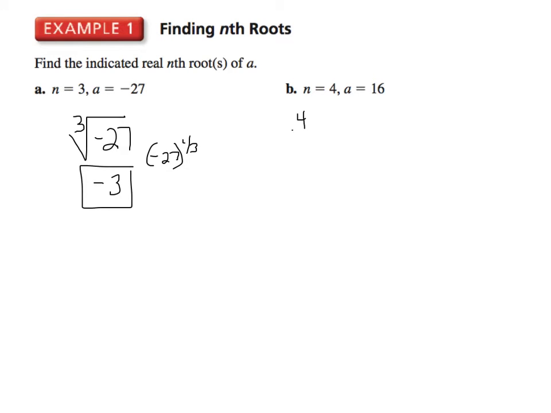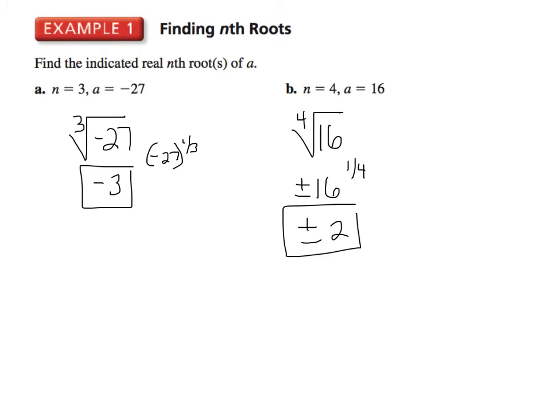So the next one, the 4th root of 16. The 4th root of 16 would be 16 to the 1/4, but because it has an even power, you get plus or minus 16 to the 1/4, which would give you plus or minus 2 as your answer.